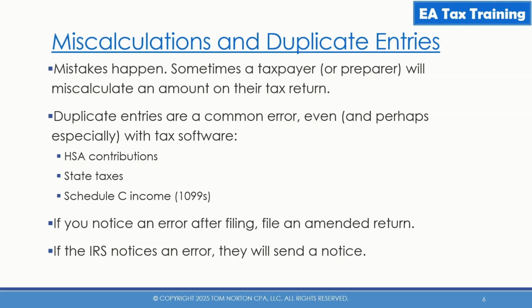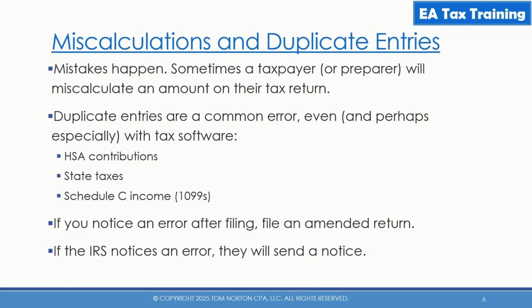This does happen. Duplicate entries especially are common, and ironically, they are common because the software is trying to be efficient and to help you. And if you don't realize that, it's easy to put the same amounts in twice.